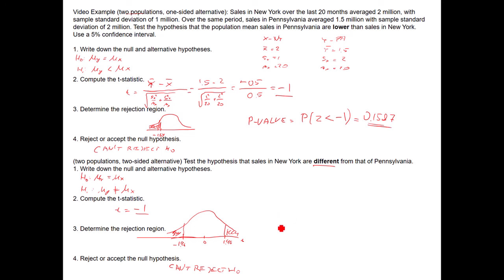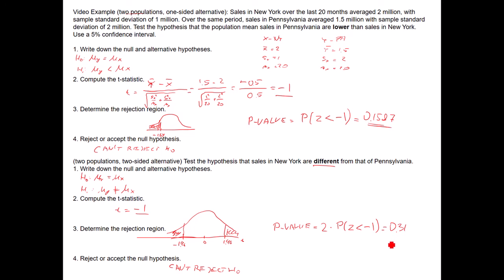Can we calculate the p-value associated with this test? Given that this is a two-sided test, we need to take 2 times the probability that the test statistic falls to one side of the rejection region, which in our case would be 0.31.